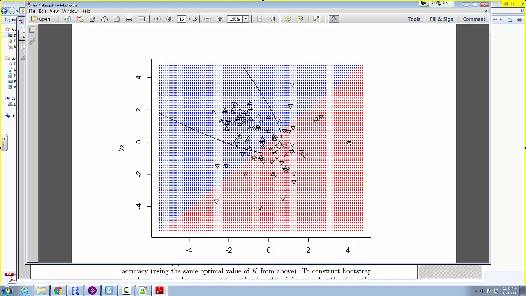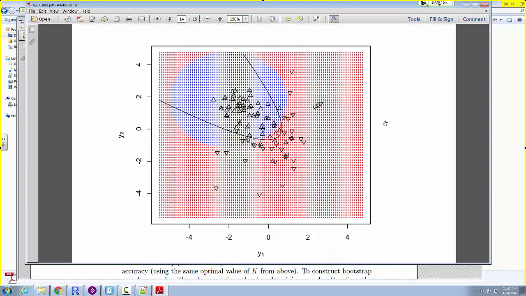KNN is a simple classifier, LDA is a simple classifier. Support vector machines and random forests are not simple classifiers. The punchline was, with really high dimensional data, where the number of features is much bigger than the sample size, you don't have enough information to fit something really complicated. So LDA does not do a great job here. It doesn't look like the best choice, but as a general tool, it does pretty well in practice.